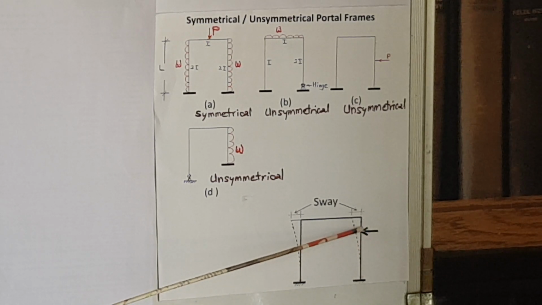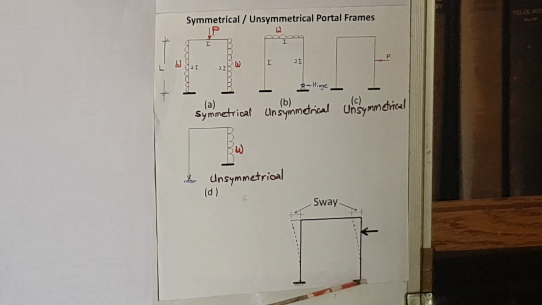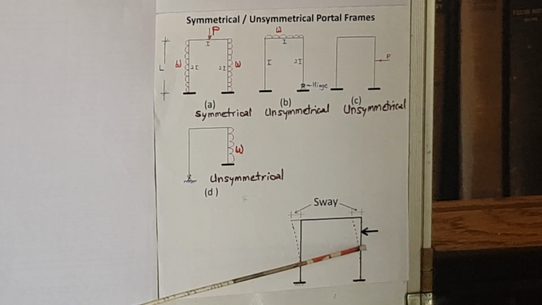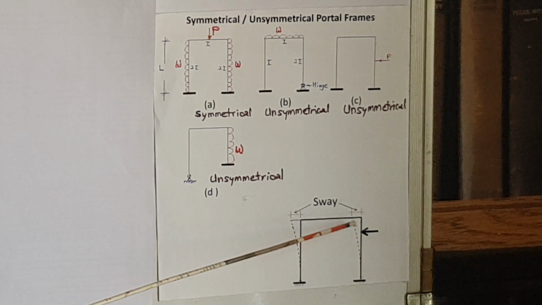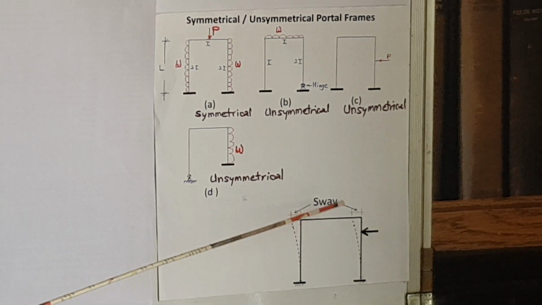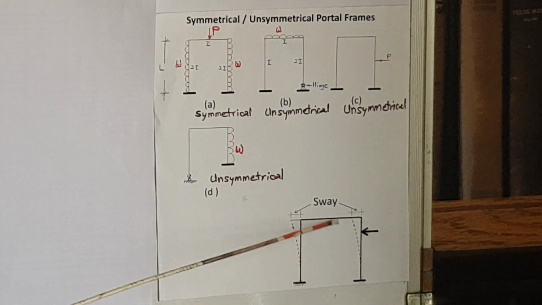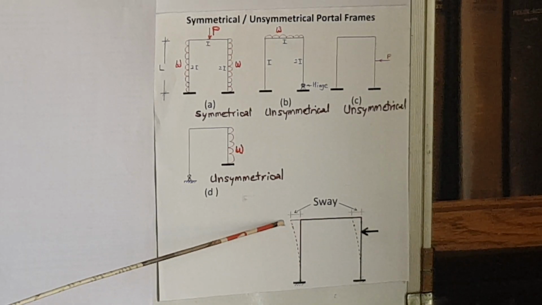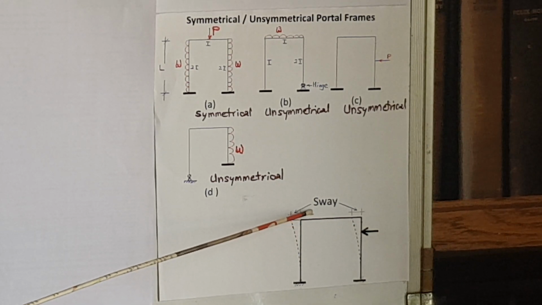This load is unsymmetrically applied. Now due to this unsymmetrical loading or unsymmetry of the frame, this frame will have a sway. The word sway means sideways displacement of the frame. So the frame will bend like this and there will be a sideways displacement of the two joints, and this will be called a sway frame.